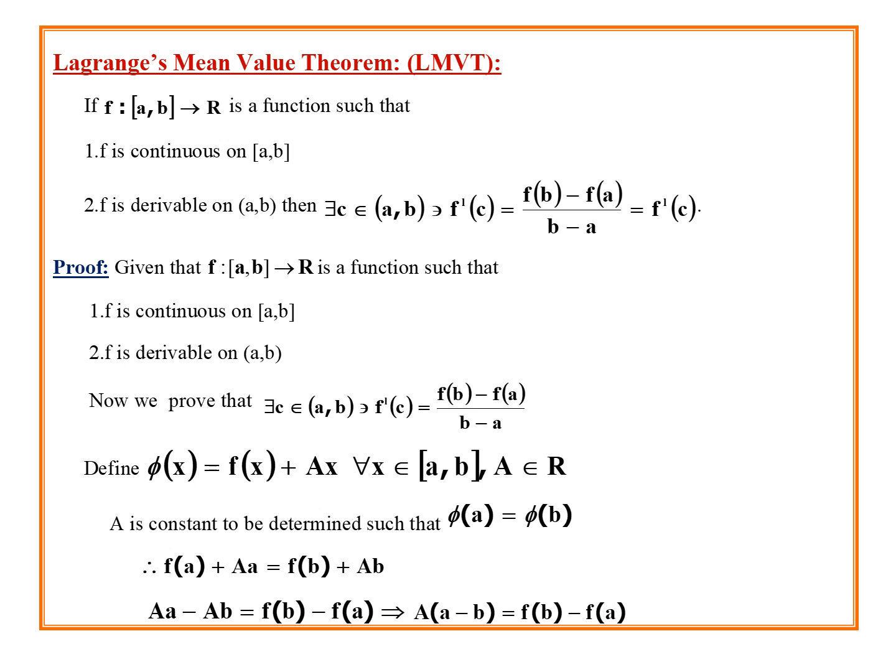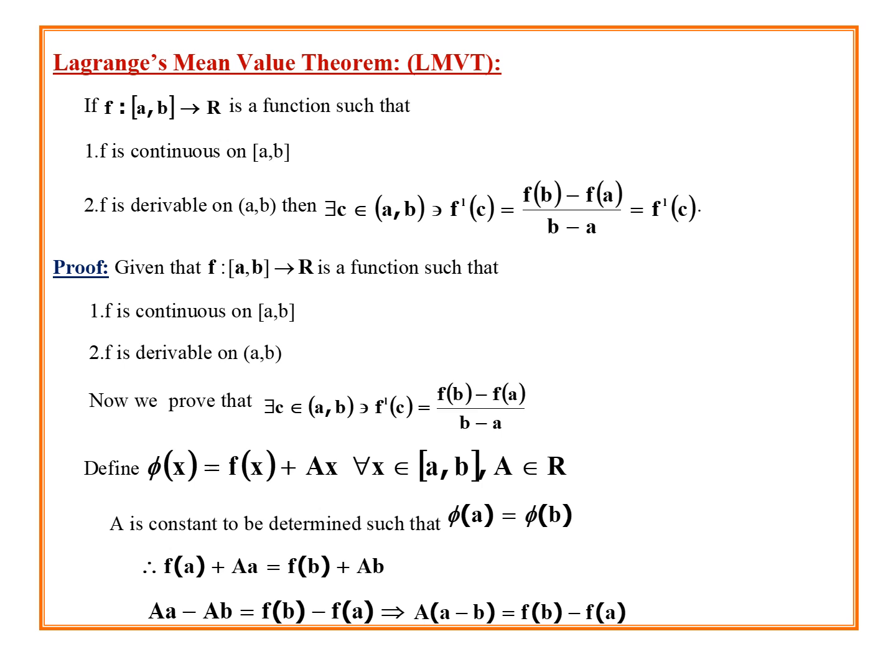Therefore, f of a plus capital A into a is equal to f of b plus A into small b, which means A into a minus b is equal to f of b minus f of a.